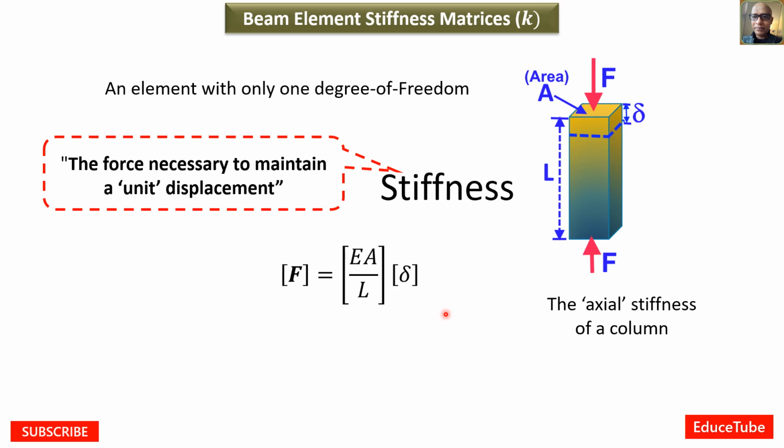So this is 1 degree of freedom. This one is the force vector, this one the displacement vector, this one the stiffness matrix. Here, if we take the displacement as 1, this will be the stiffness.